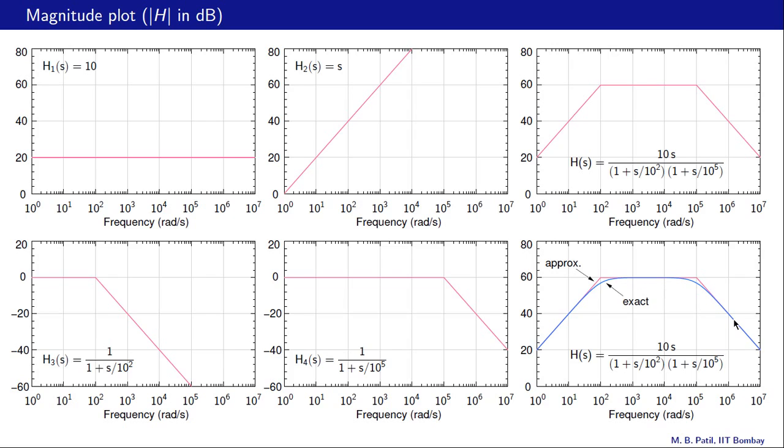What we do is start at some omega, let's say this value, substitute that in this expression, find mod of h. That gives us one data point. Then we go to another data point and so on. And after we get a sufficient number of points, we join those. So that is how this exact magnitude plot is obtained.